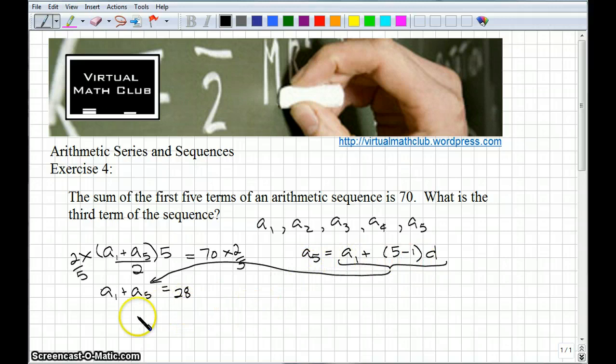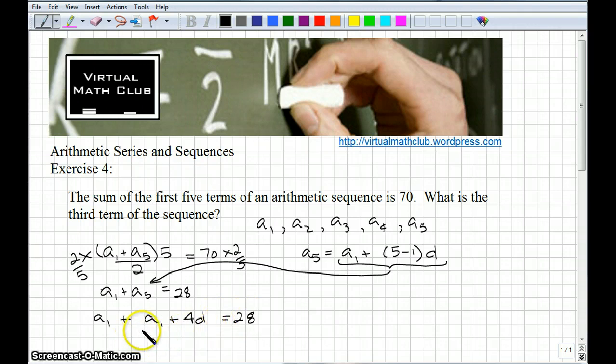So let's do that. So we have A1 plus, now instead of A5, I'm going to write A1 plus 4D. Okay, I've just taken 5 minus 1. That's 4. And that is still equal to 28, right?